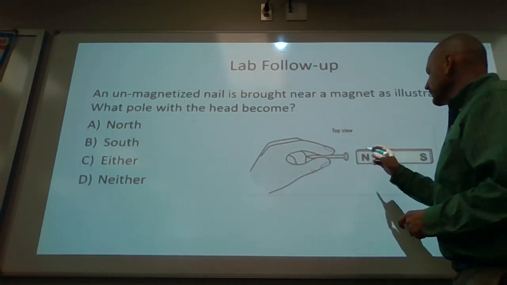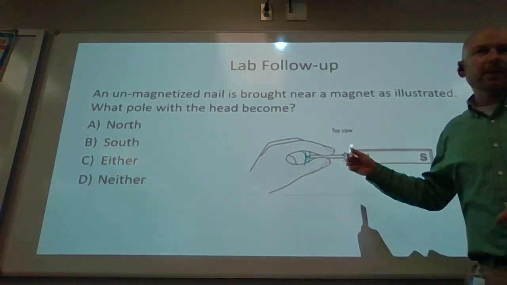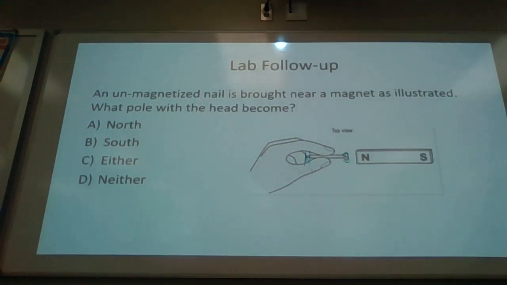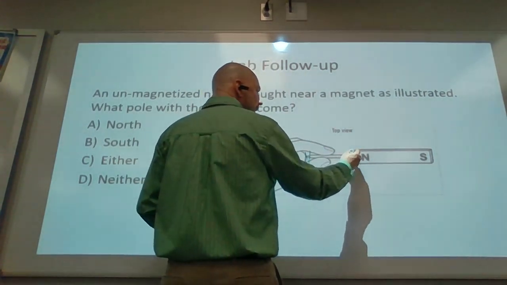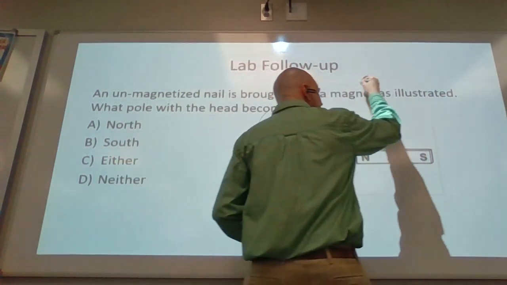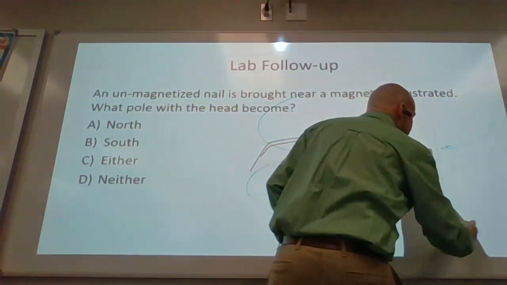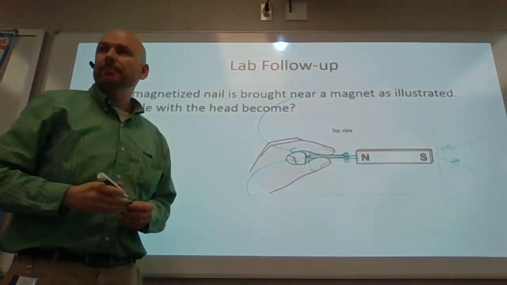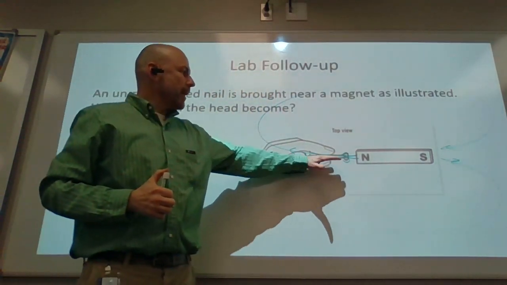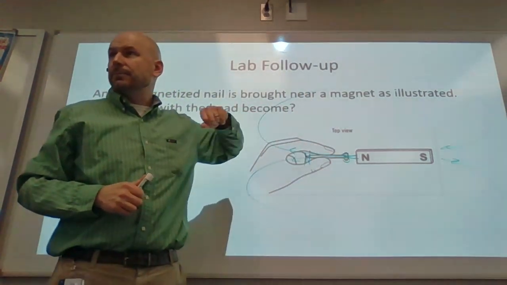So in lab, you discovered that became south, that became north. But why? So the magnetic field of this magnet goes out of north into south, out of north into south. These magnetic crystals, these domains, are in this external magnetic field.